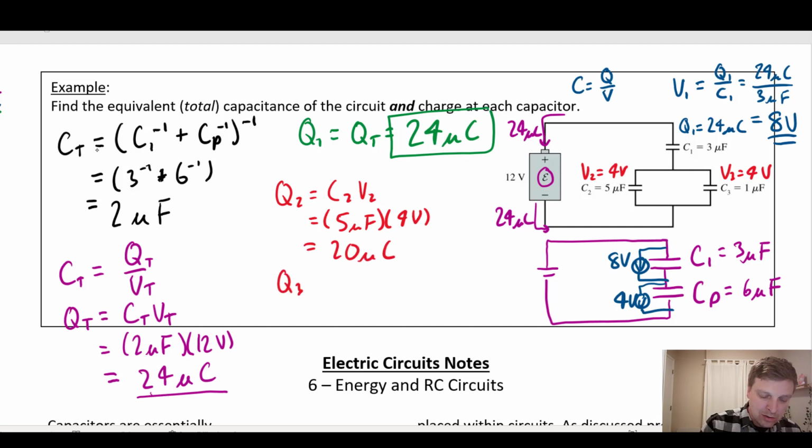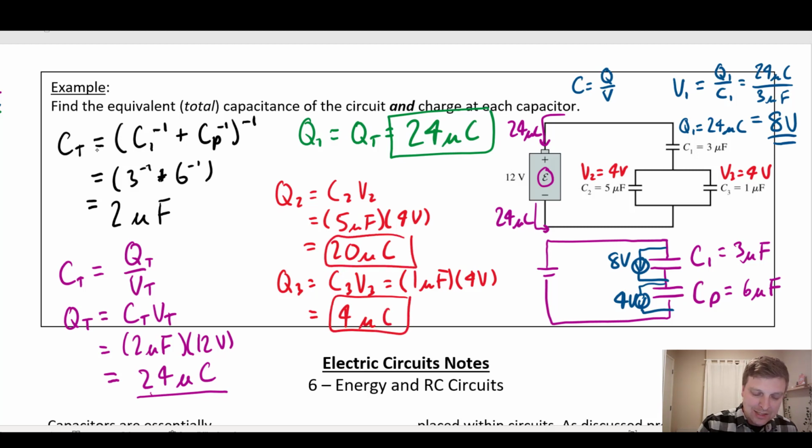And then Q3 is going to equal C3 V3, so that is 1 microfarad times 4 volts. And what do you know? I get 4 microcoulombs. And the last thing I'll point out is that it added up to my same 24 microcoulombs that I expected. You could have worked it out proportionally, but that's maybe something you can try on your own. Okay, that was a lot about capacitors, but we're all done. Good job.